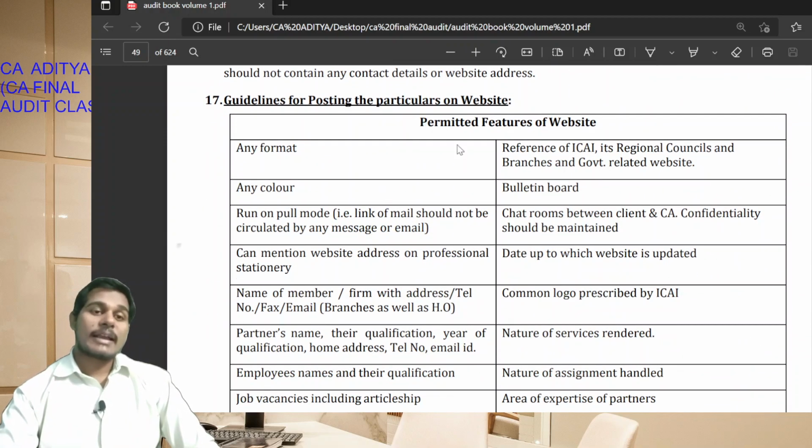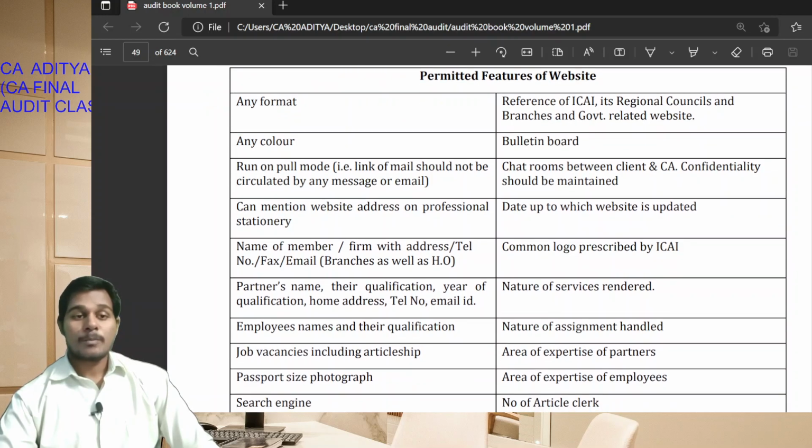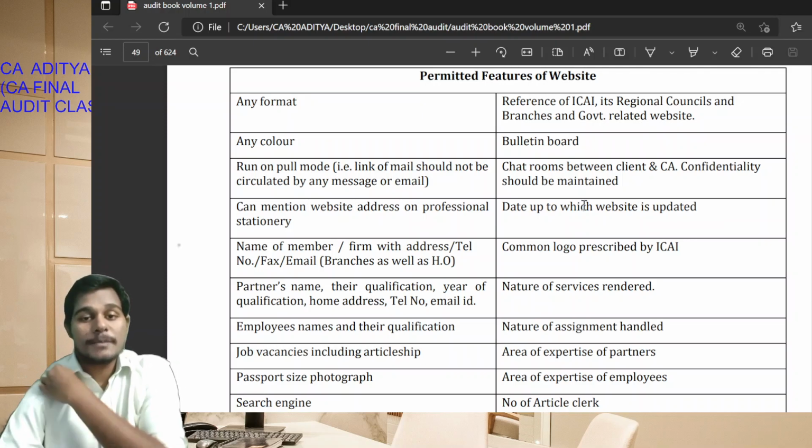See students, guidelines for posting particulars on a website. The website can be in any format and any color, can run in full mode, and can mention the website address, name of the member, firm address, partner names and qualifications, employees' names and qualifications, job vacancies including articleship, passport size photo, search engine and reference to bulletin board, and the CA logo as prescribed.